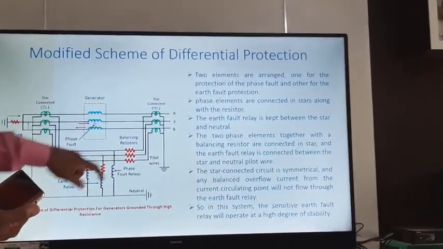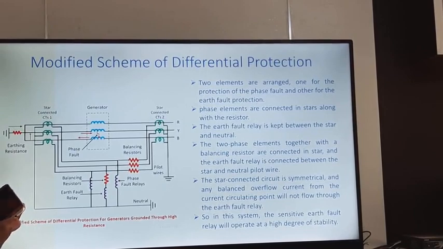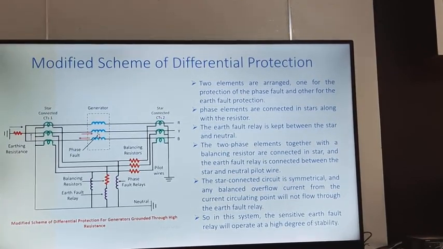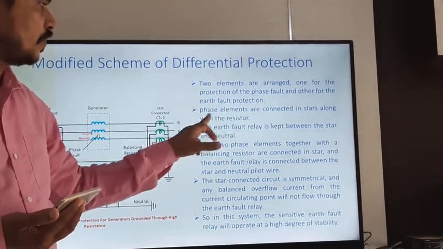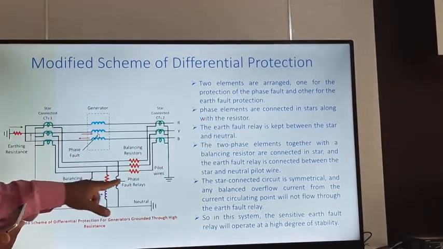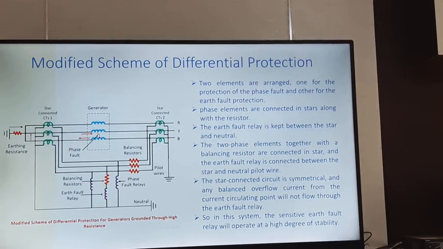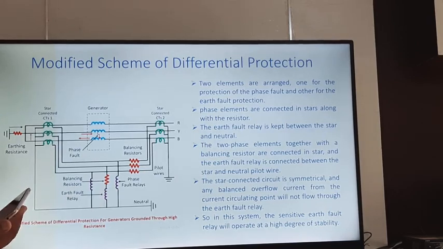Another balancing resistor is also connected. So two elements are arranged, one for protection of phase fault and another for earth fault protection. Phase elements are connected in star along with the resistor. The earth fault relay is kept between the star and the neutral. This is the earth fault relay coil.